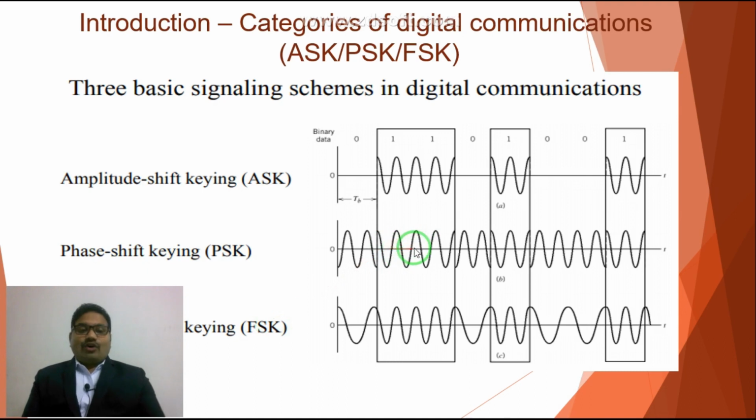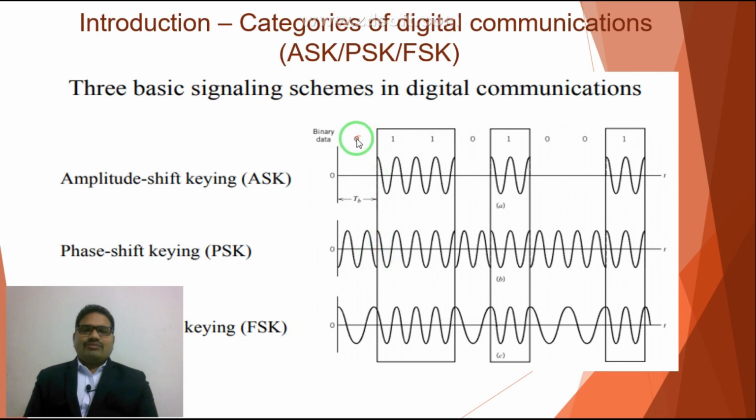As you can see on this screen, in amplitude shift keying the amplitude is shifted. For binary 0, there is no amplitude, whereas for binary 1 there is some amplitude. Similarly for phase shift keying, depending on the transition from 0 to 1 or 1 to 0, there is a change in the phase of the signal.